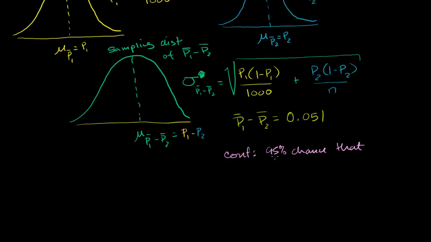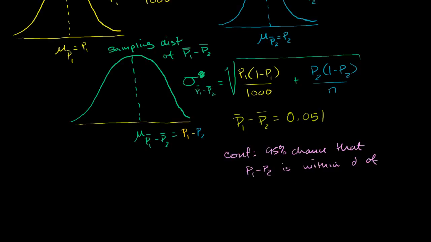So we want a 95% chance that the true value of this, p1 minus p2, is within some range. Let's say within d, I'll say d for distance, d of the actual difference that we got with our samples.